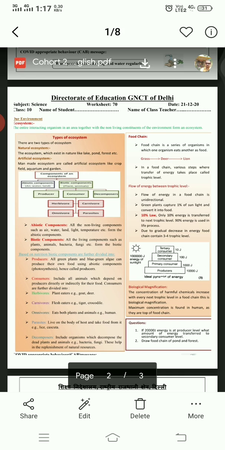So we have two types of ecosystem on the basis of their presence: natural ecosystem and artificial ecosystem. The ecosystems which are made naturally or exist naturally are known as natural ecosystems, like forest, pond, lake, desert.